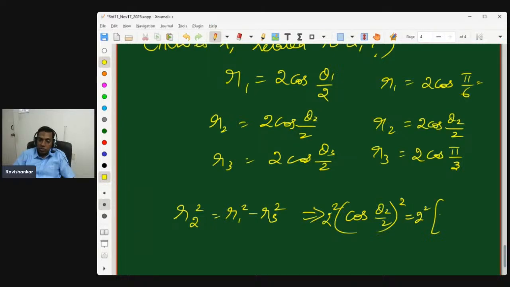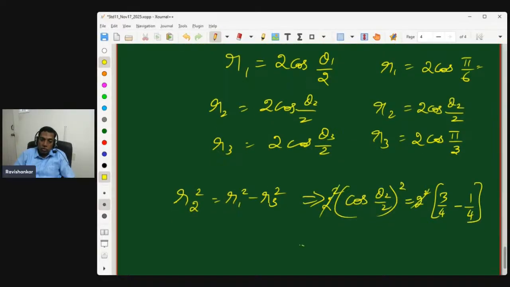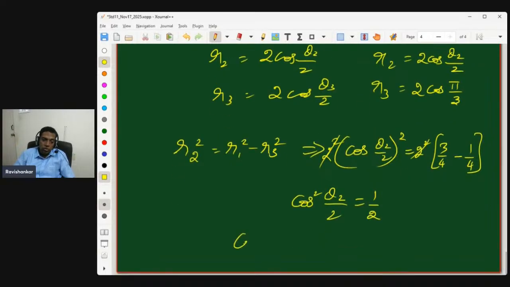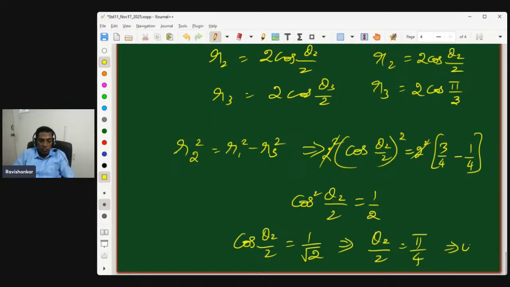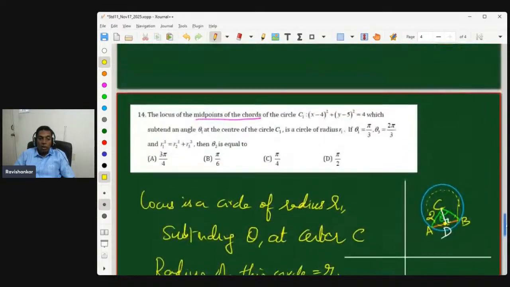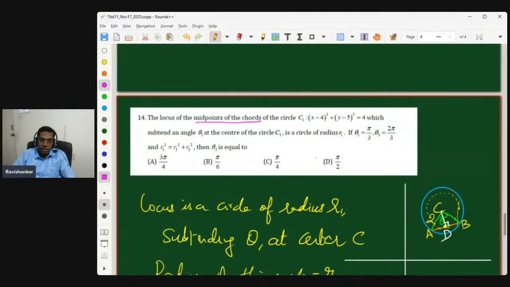Cos pi by 6 is root 3 by 2, so 3 by 4 minus 1 by 4. So cos squared(theta 2 by 2) is equal to 1 by 2. So cos(theta 2 by 2) is 1 by root 2, which means theta 2 by 2 is pi by 4, which means theta 2 is pi by 2. So the correct answer is option D, pi by 2.